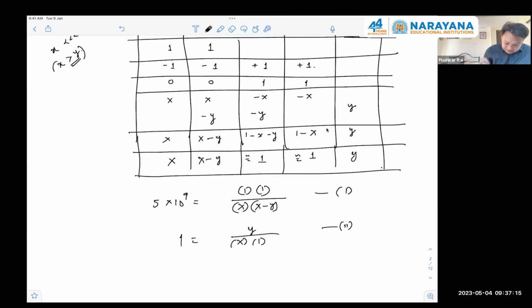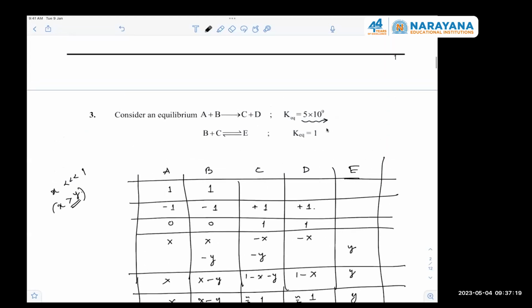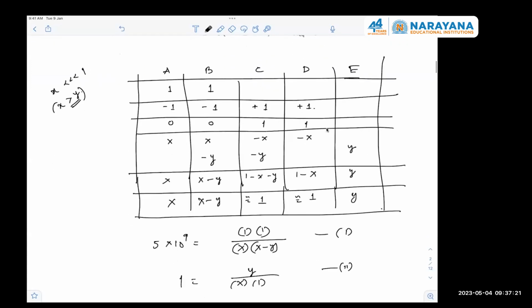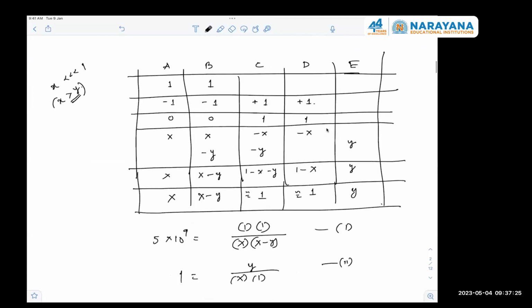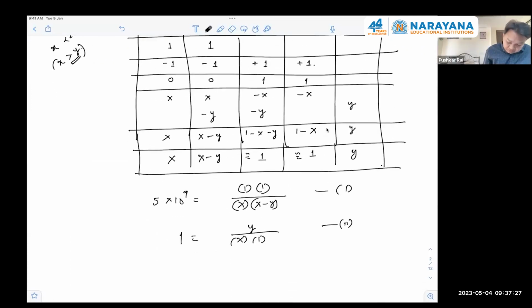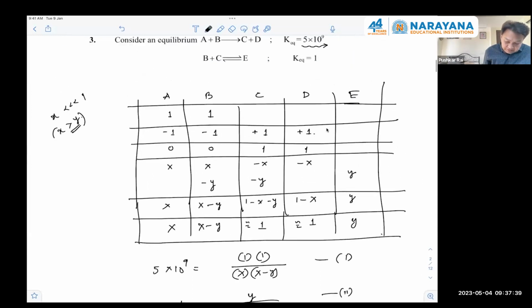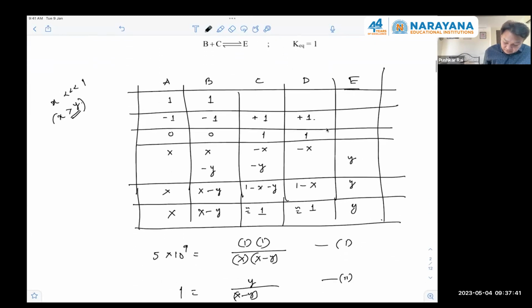And if y is equal to x... so it should be x minus y. Yes, you're right. So x minus y, and this is B, and C is equal to 1.